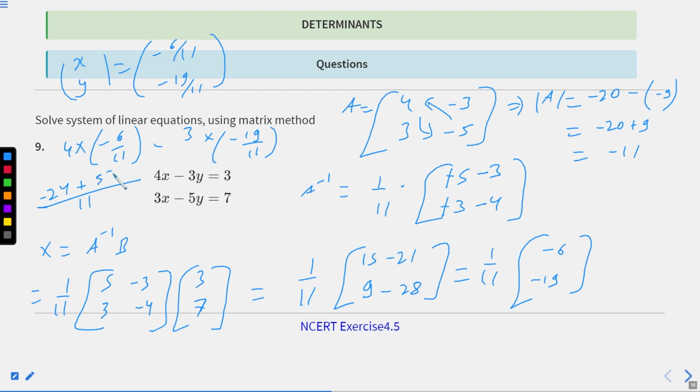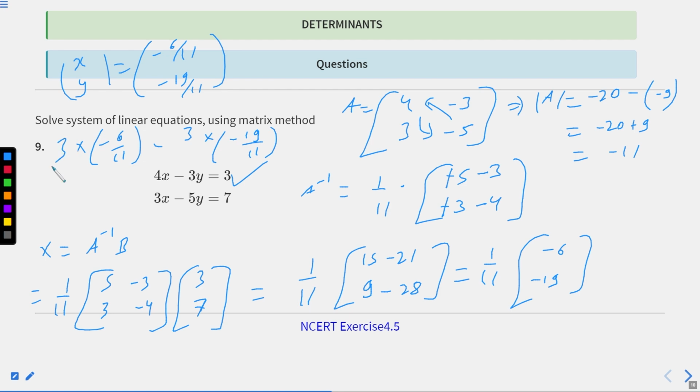Yes, 57. If you add 24 and 33, you will get 57. So the numerator will be 33. Now dividing, you will get just 3. So you are getting 3. Okay, good. So far so good.